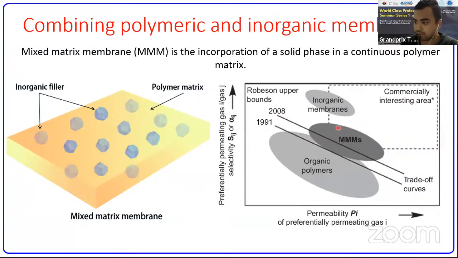As you can see here, also the separation performance of MMMs is above the upper bound limit, and it is placed in the commercially interesting area or in the target region.